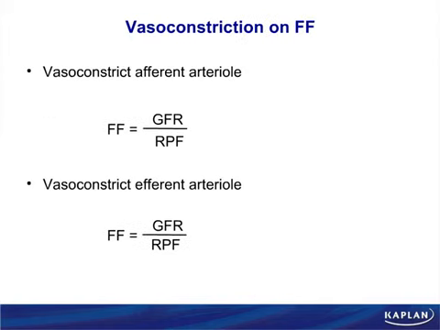Let's talk about the effect of vasoconstriction on the filtration fraction. You can vasoconstrict the afferent arterioles. If you vasoconstrict the afferent arterioles, what do you do to the GFR? You decrease it. Remember, you're increasing resistance in a series circuit.